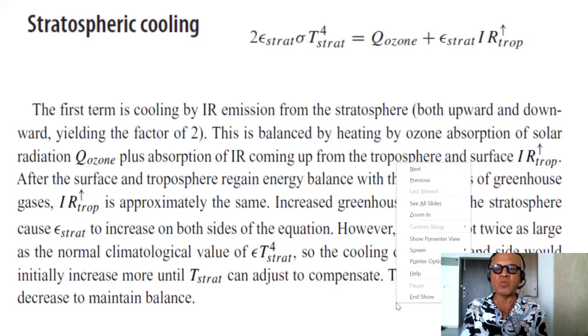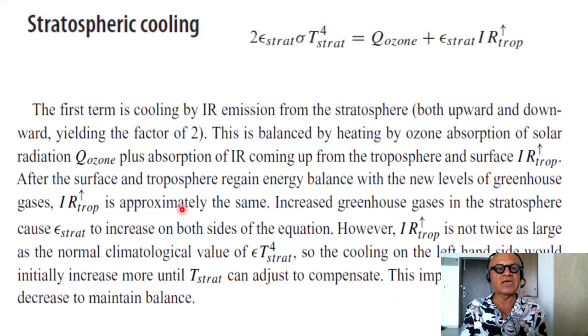But under global warming, there's been observed stratospheric cooling, and it has to be explained. The explanation is well understood in terms of the physics, but the physics is a little bit hard to explain, the radiative balance.